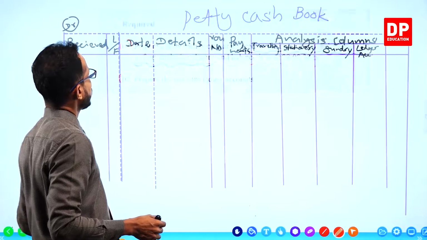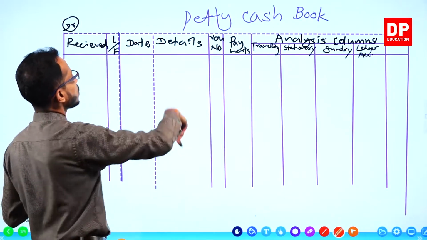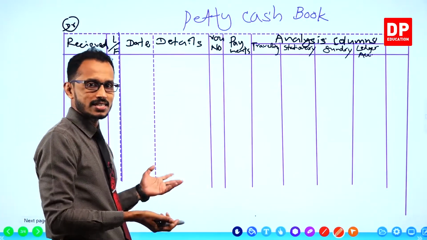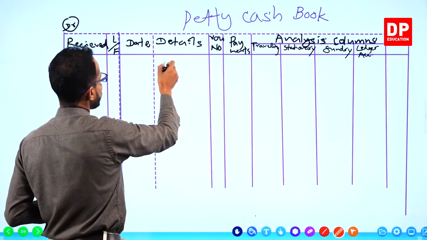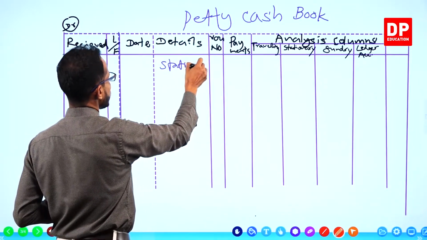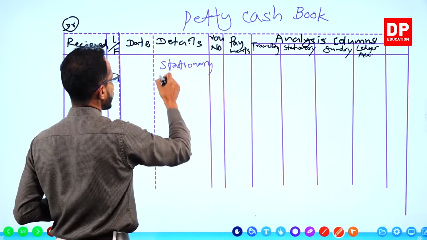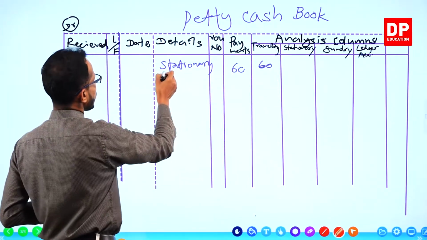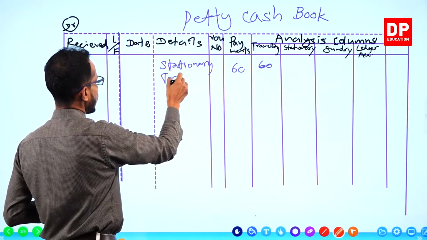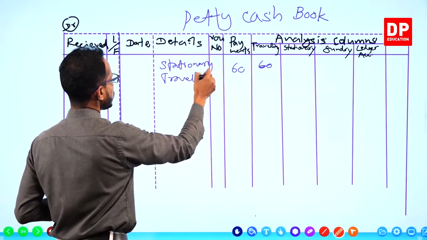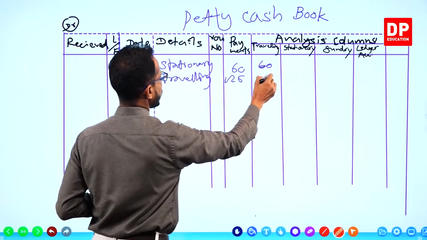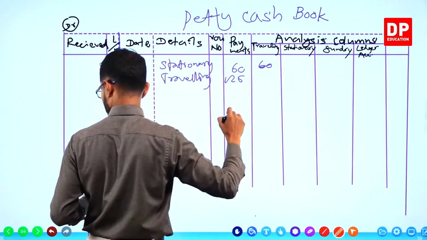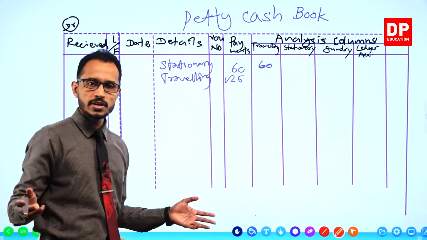And now we are going to the petty cash book and we are recording the expenses in the details column. Stationery, all right, and 60. Payment column also you have to mention. Traveling 125. Am I doing it right?